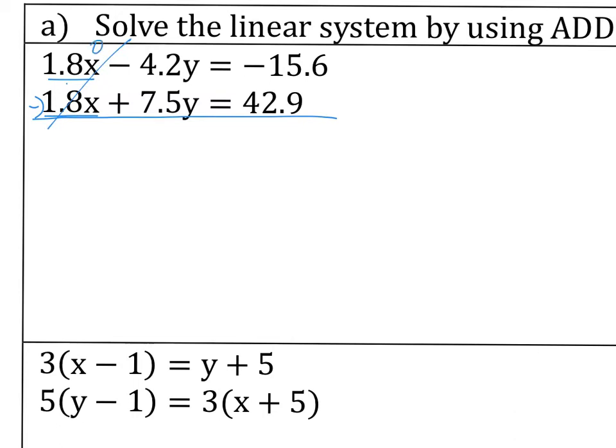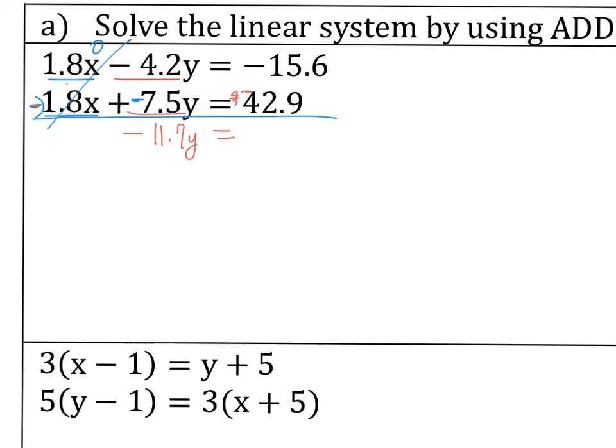So right here it's subtraction, negative, positive, negative. So now I'm going to take negative 4.2 and add negative 7.5. And that would give me negative 11.7y.